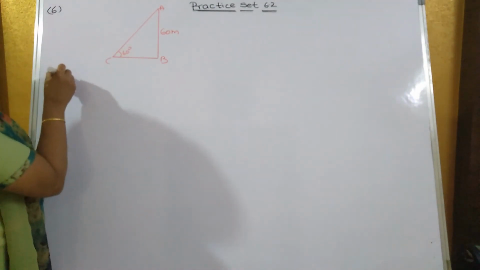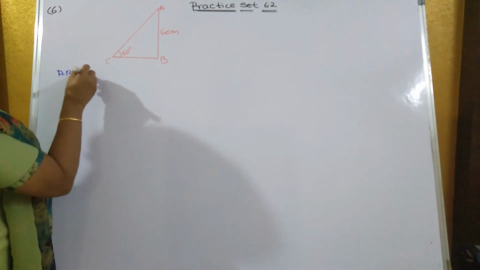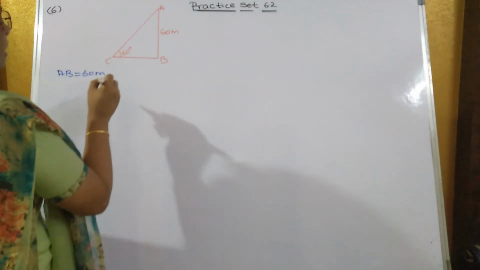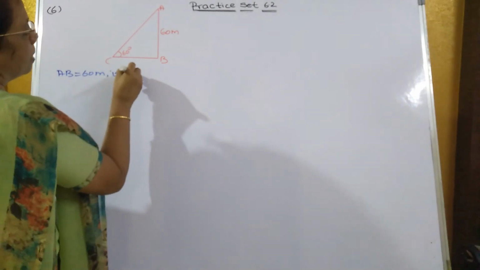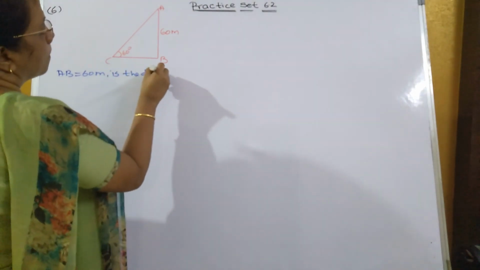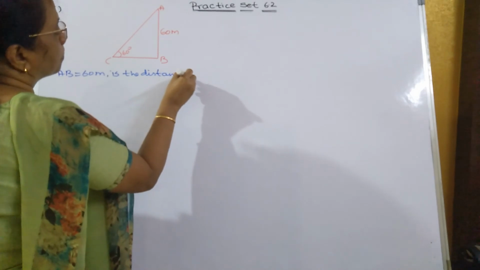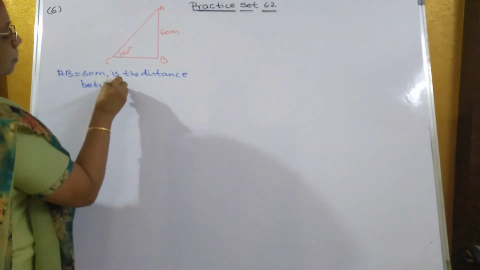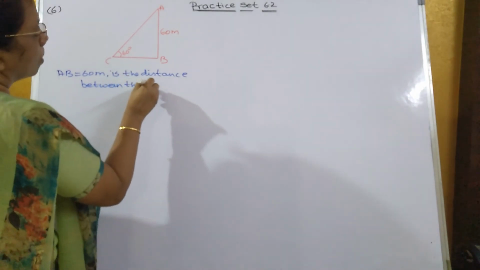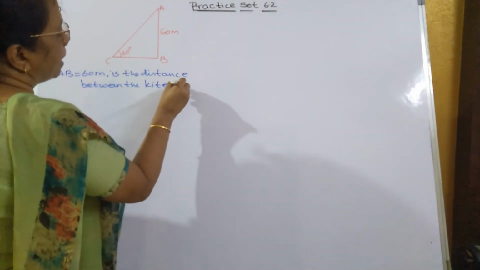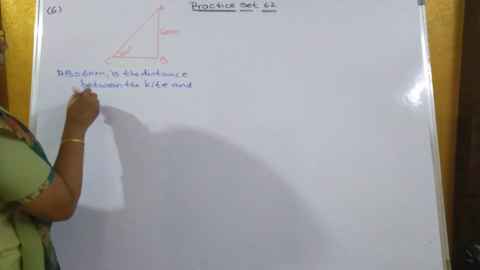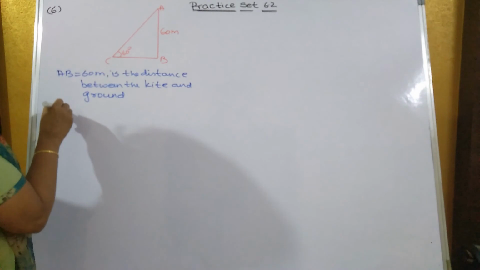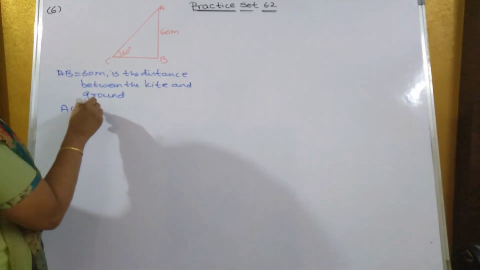AB is equal to 60 meter, the distance between the kite and the ground, and AC is the length of the string.